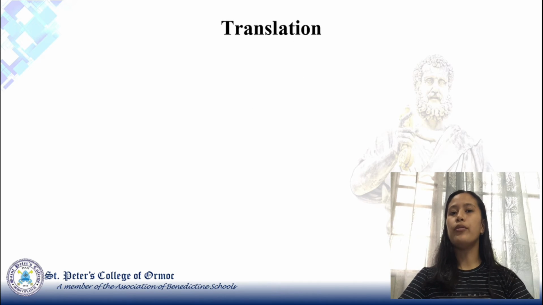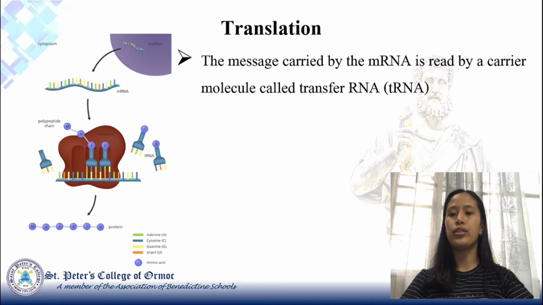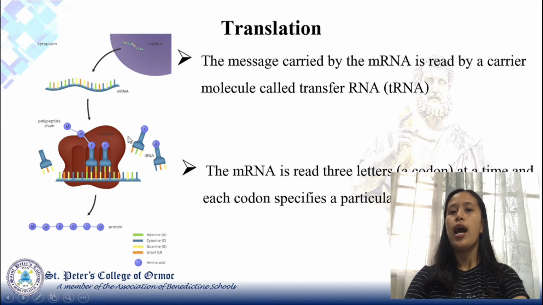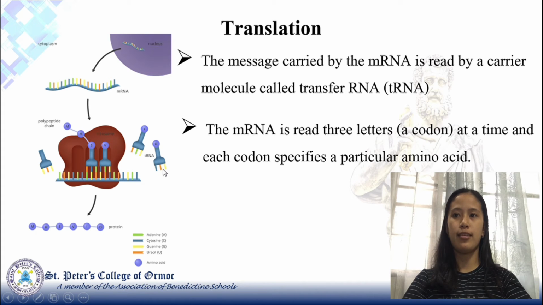Right after the mRNA brings the transcribed message to the ribosomes, where protein synthesis usually occurs, translation starts right away. The message carried by the mRNA is read by a carrier molecule called transfer RNA, or tRNA. The mRNA is read three letters at a time, commonly called a codon, and each codon specifies a particular amino acid.